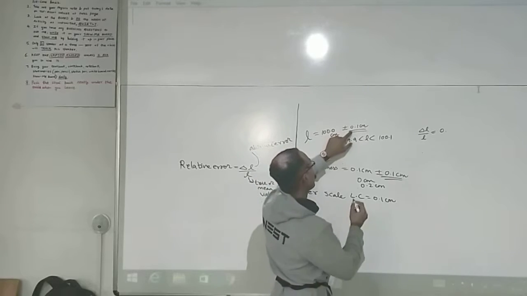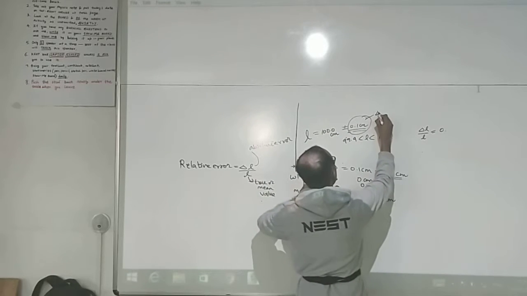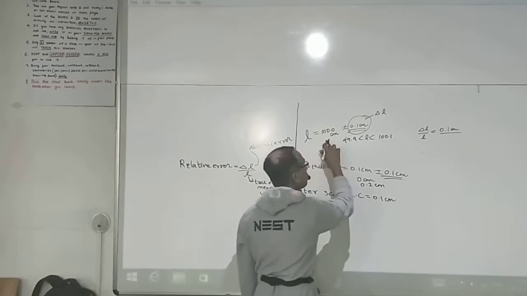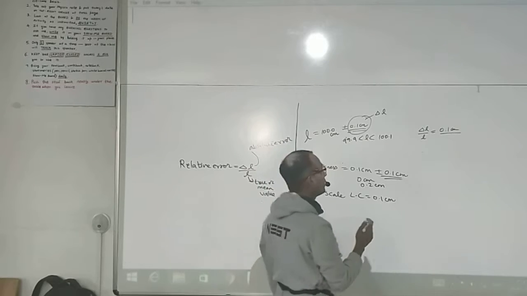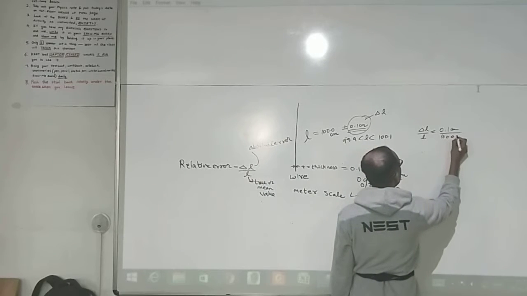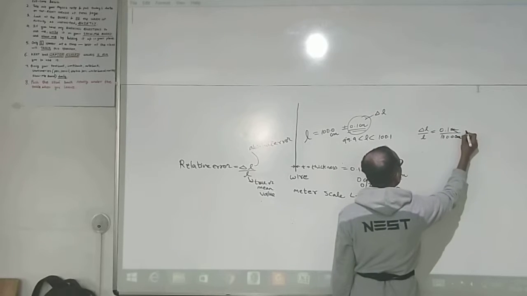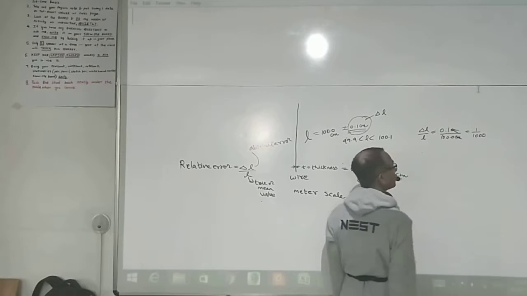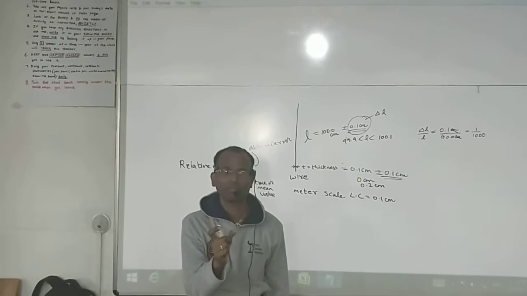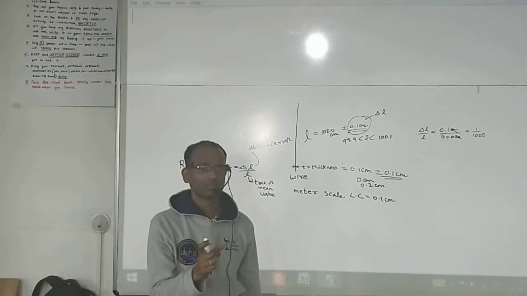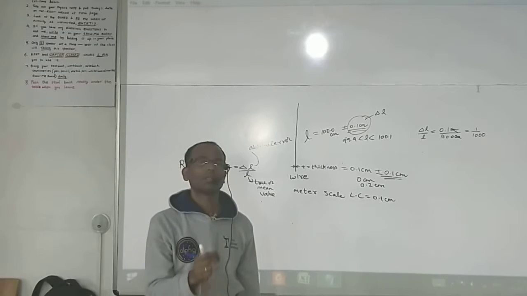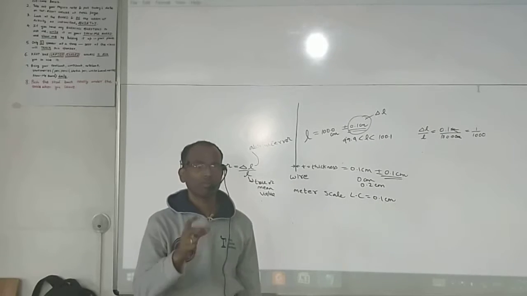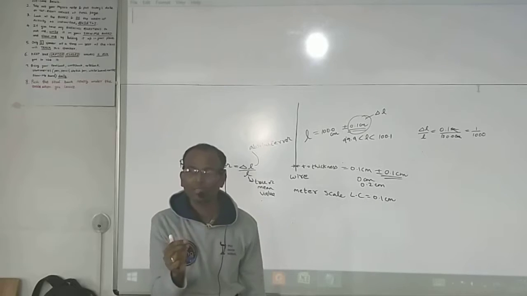Yes, so this is the absolute error, the delta L. So 0.1 centimeter divided by the actual true value of that length, 100.0 centimeter. So what is the relative error? 1 by 1000. So the uncertainty is only 1 in 1000 of your measured value, which is pretty good. The confidence in your measurement is that the uncertainty is 1 in 1000 of the true value.